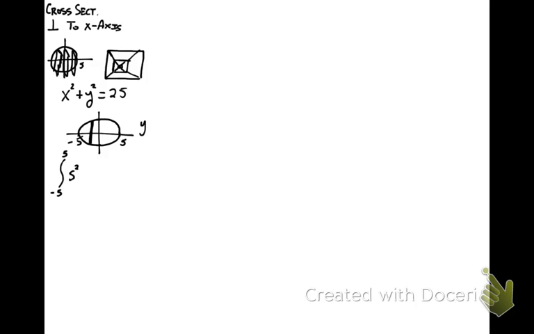If we were to solve this particular thing for y, which we've been doing for years now, what we get is y equals plus or minus the square root of 25 minus x squared. And the thing to recognize is that the top portion from the axis up would be the positive root, and the bottom portion from the axis down would be the negative root.